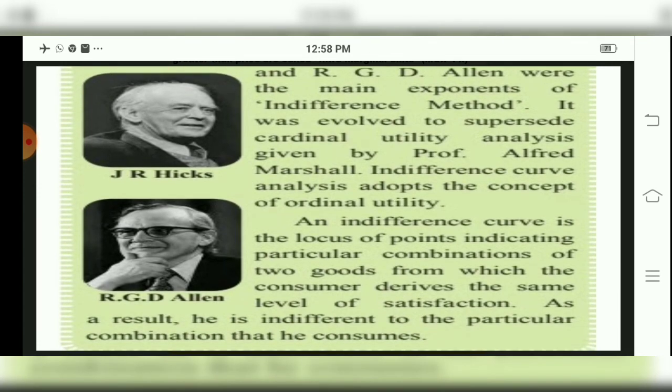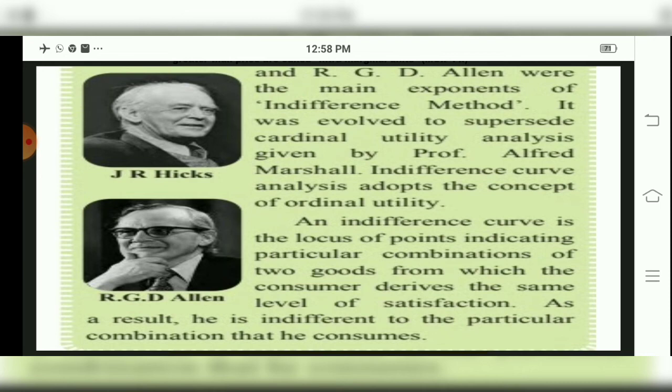J.R. Hicks and Professor R.G.D. Allen were the main exponents of the indifference method, and it was evolved to supersede cardinal utility analysis by Professor Alfred Marshall. Indifference curve analysis adopts the concept of ordinal utility. An indifference curve is the locus of points indicating particular combinations of two goods from which the consumer derives the same level of satisfaction. As a result, he is indifferent to the particular combination that he consumes.